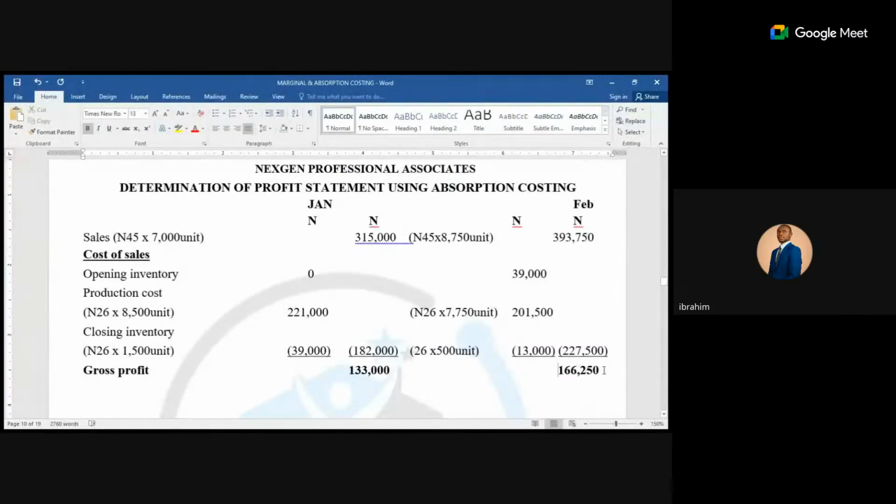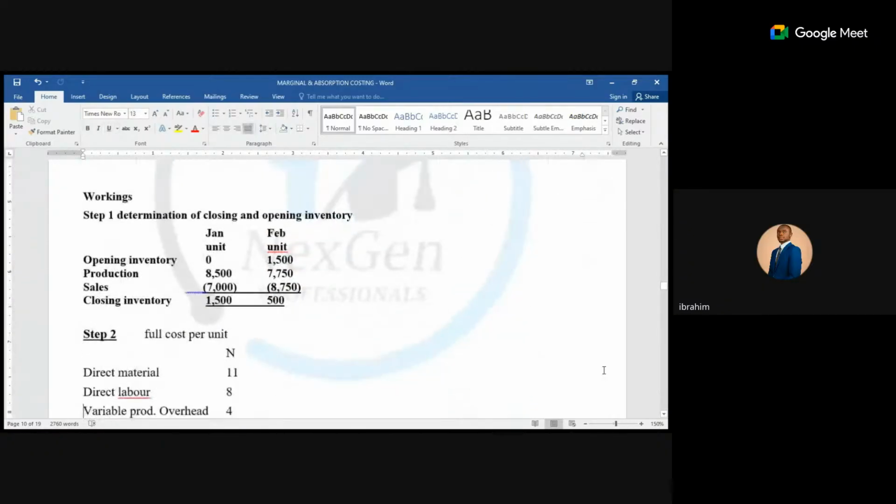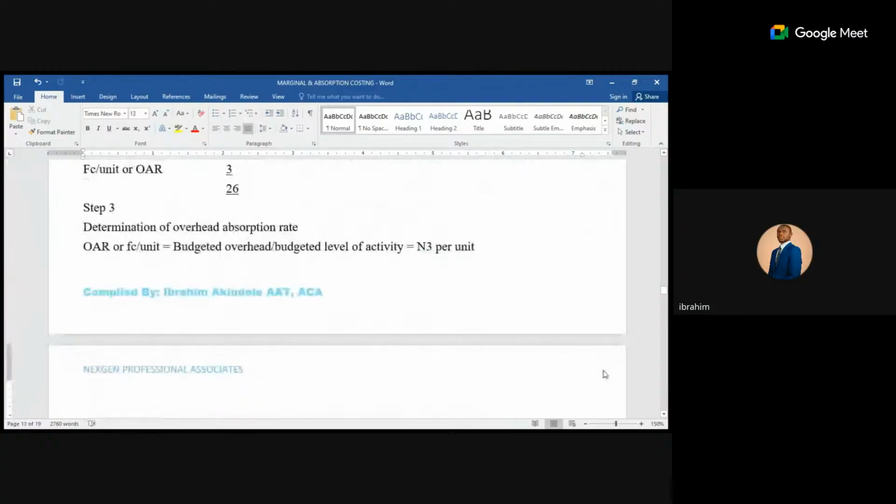Now you can see that we need to do what? We need to determine over and under absorption, right? So that when you have over absorption, you will add it to your income. When you have under absorption, you have to add it to your expenses, of which I've explained in our previous lecture, that you cannot compare Abidemi and Abigail.